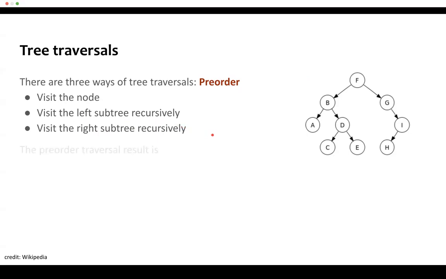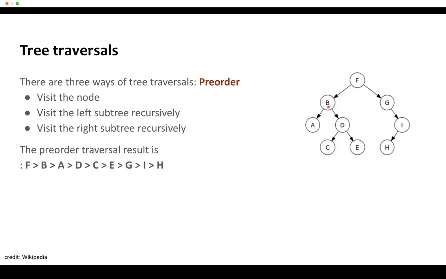So in this scheme, the pre-order traversal result is going to be, you first visit F, because we start from the root, and we're going to visit the node itself first, and then process the children of this node. So we are going to visit F first, and then go to the children, the left child, that is B. And when we reach here, we're going to do the same thing.